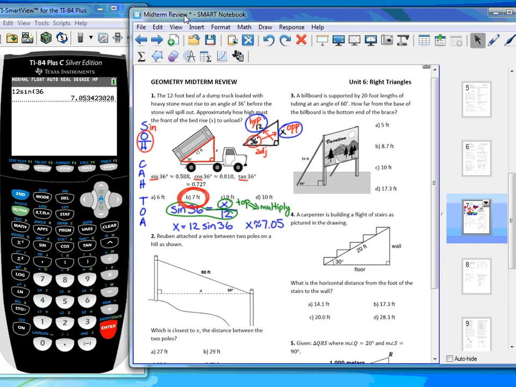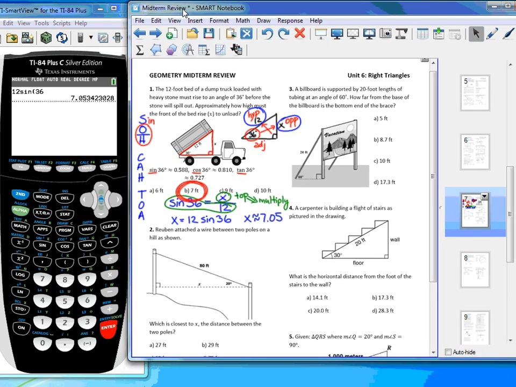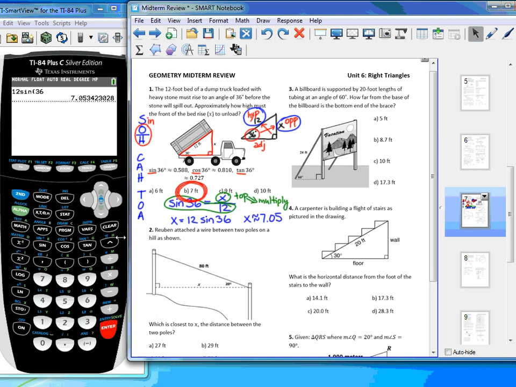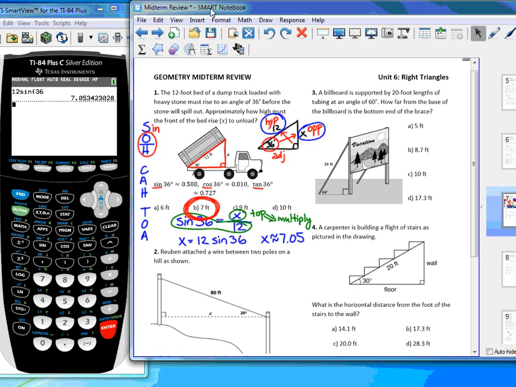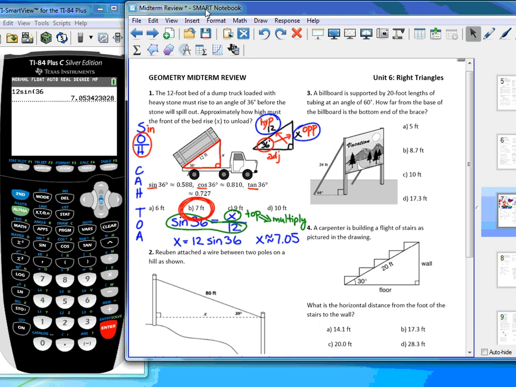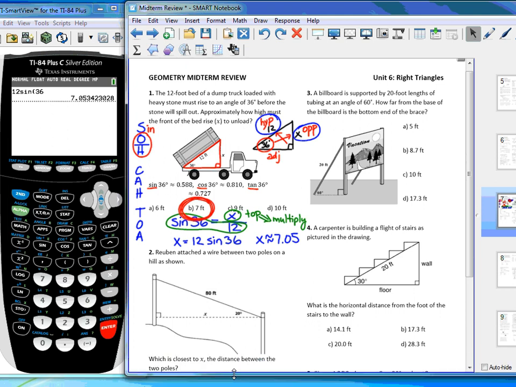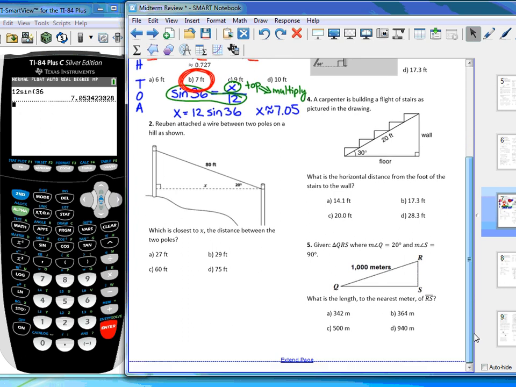And let's put this about right here, and that might be good. Okay, I can still scroll. We're all good. Thank you for being patient with that. Let's go on to number 2.